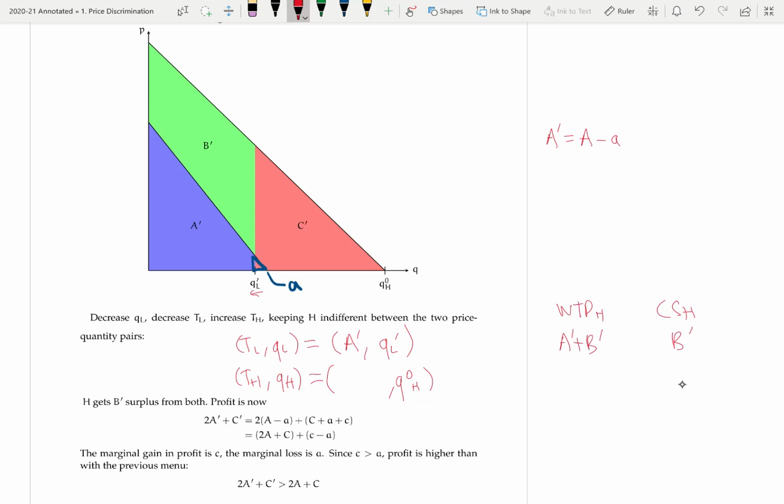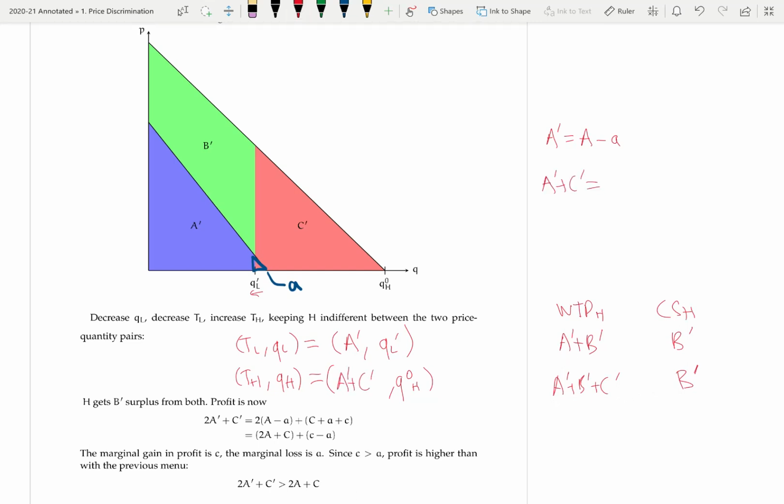So we're going to need to give buyer H at least the consumer surplus of B dash, and in fact exactly that much if the monopolist wants to maximize profit. So what's the willingness to pay for Q0H? It's A dash plus B dash plus C dash. So we need to make the price for Q0H equal to this minus that, or A dash plus C dash.